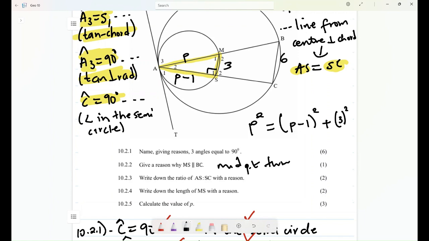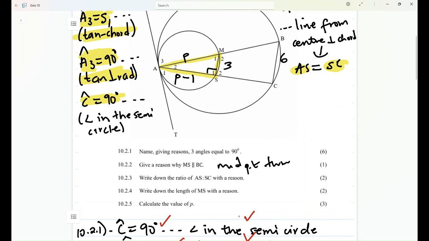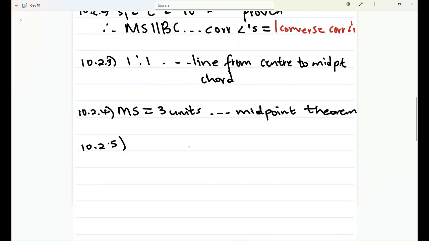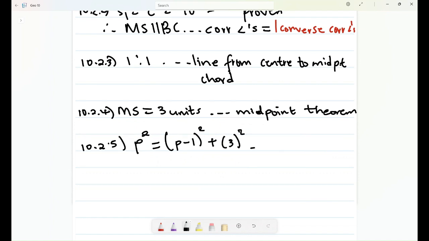This is not me, it is Pythagoras. So let's go down with this and plot it here. This is Pythagoras' theorem.